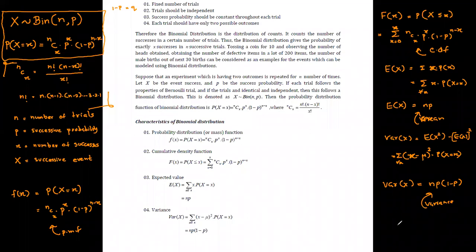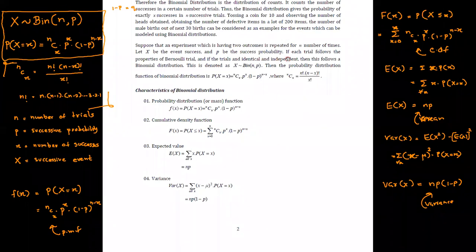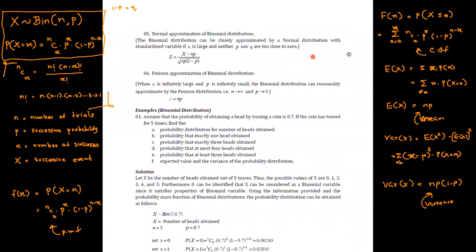Apart from these characteristics of the binomial distribution, there are two more characteristics which are generally used. Even though these are discrete and continuous distributions, we can have some approximations.